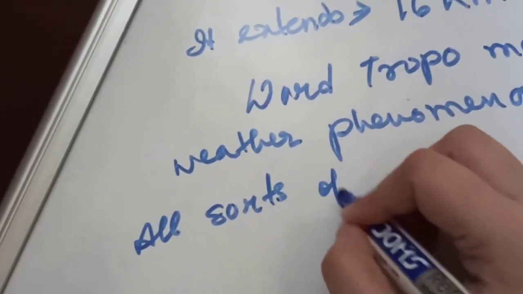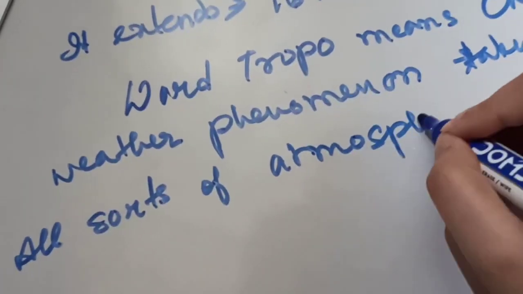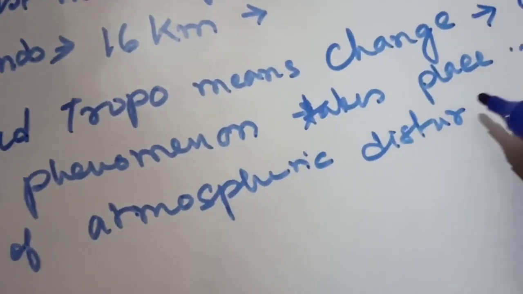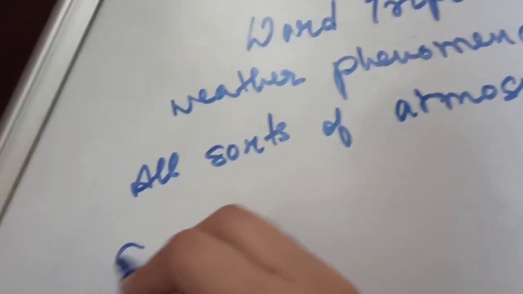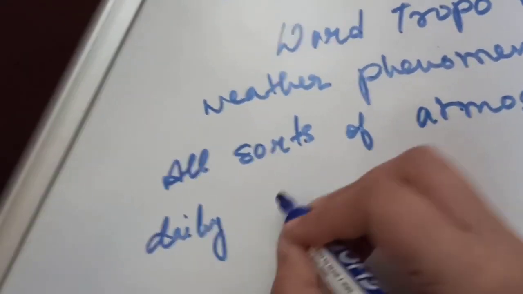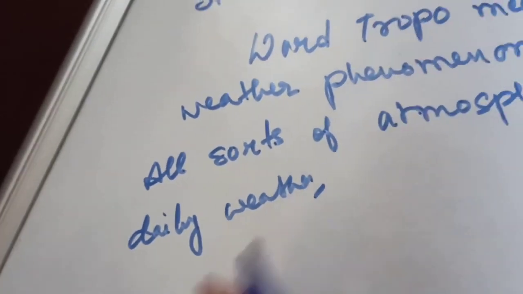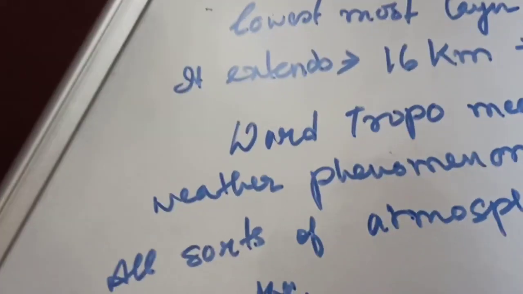Almost all sorts of atmospheric disturbances, and the changes in the daily weather, take place in this troposphere layer.